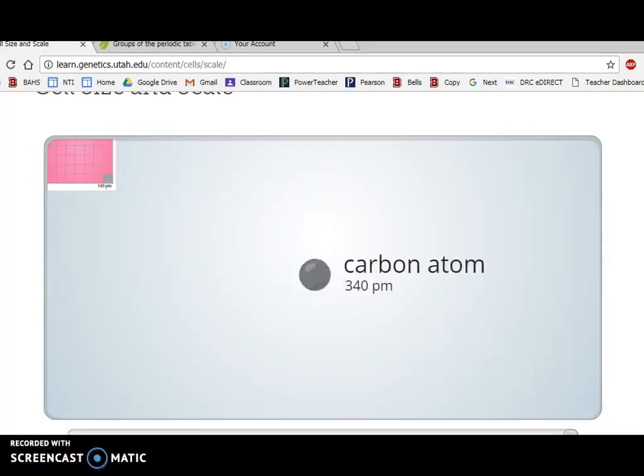Alright, and here's one more thing just to give you an idea of the size of an atom. We're going to zoom out and compare this to the size of some things you learned about in biology.